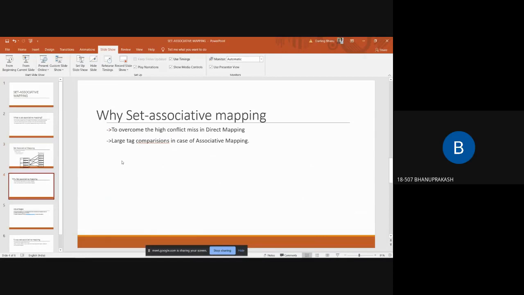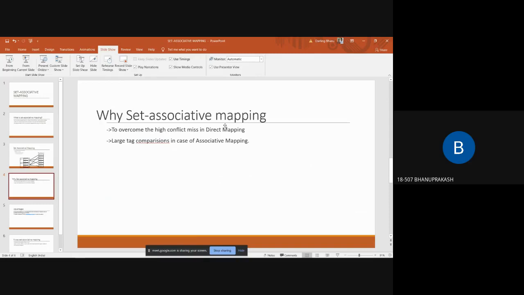So why set associative mapping? We all know that set associative mapping inherits the properties of direct and associative mapping, but it also overcomes the disadvantages of direct mapping and associative mapping.